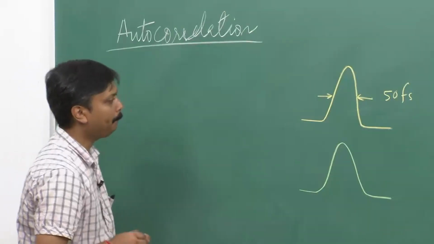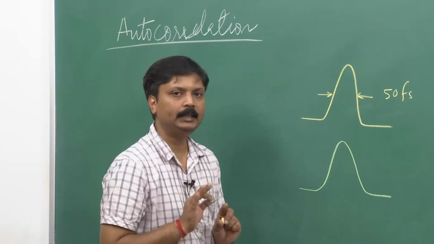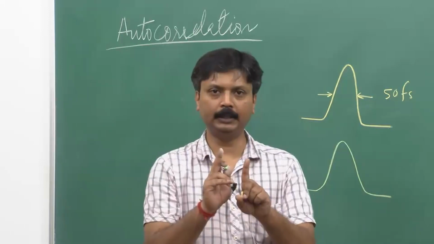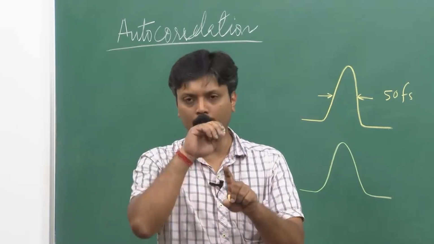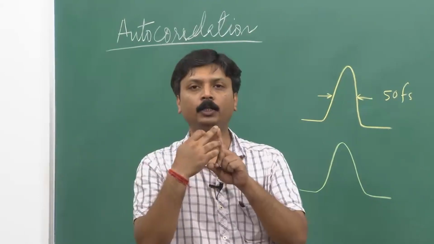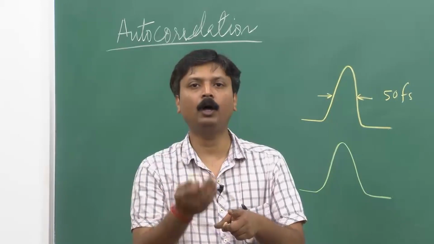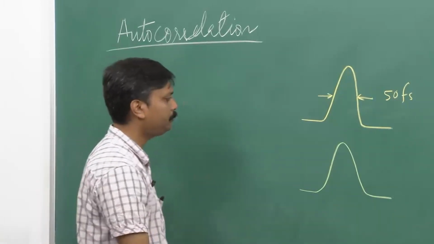So now we have learnt about the process SHG, where two photons of the same frequency interact with each other within a nonlinear medium and generate a new third frequency having double the frequency or half the wavelength. That is my second harmonic generation process.